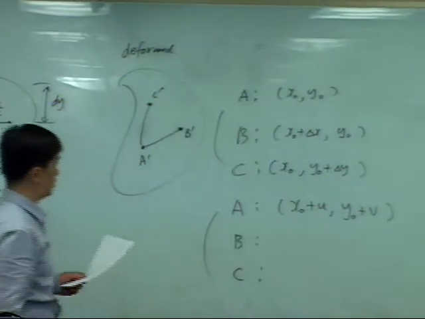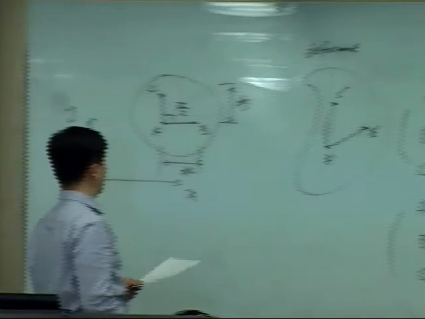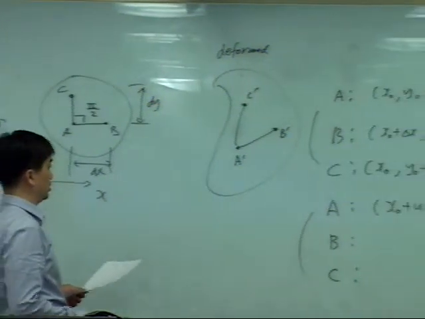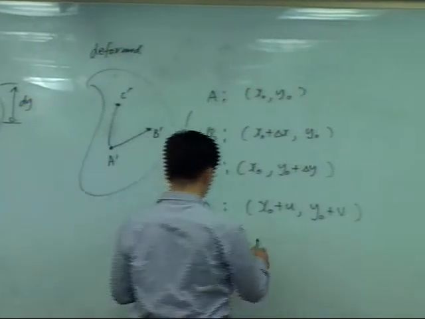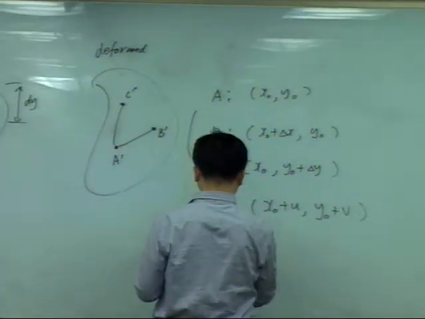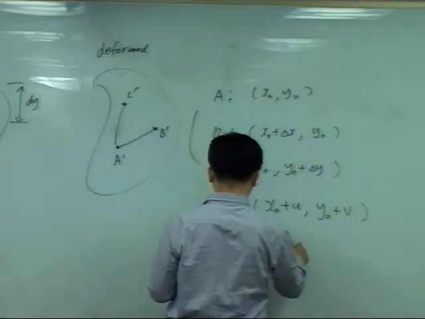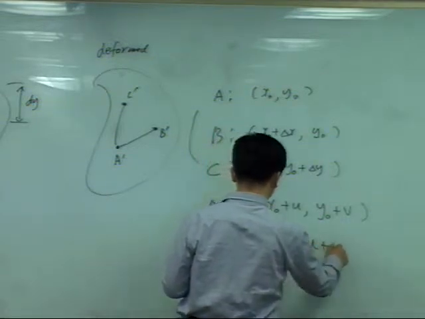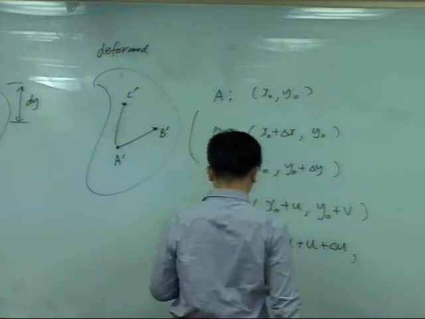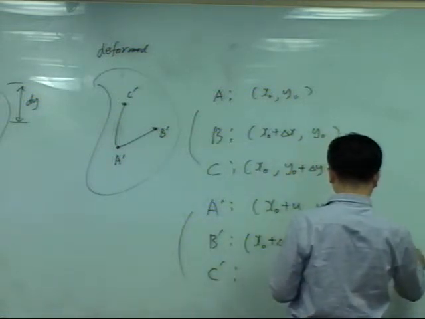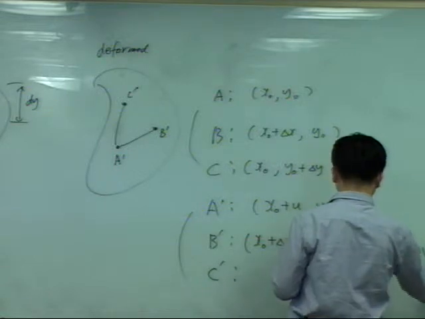And the position of B will change to x0 plus delta x plus u plus delta u, and y0 plus v plus delta v.